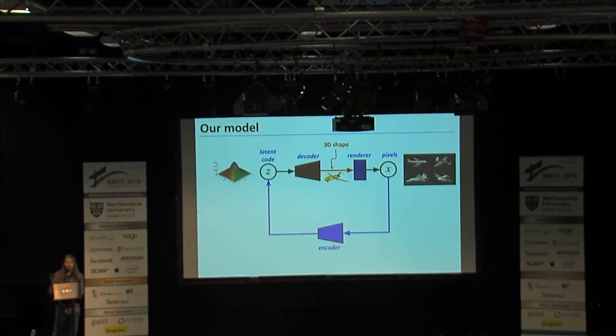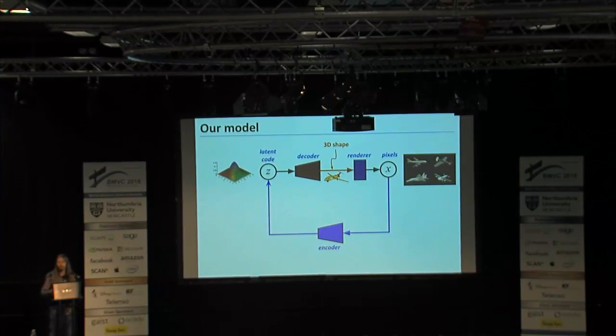And that 3D shape is then rendered to give the final image pixels, still within the generative model, and then, again, Gaussian noise is added. So this is still a deep generative model of pixels, but it's now one that explicitly reasons over 3D shapes. And because it's still a model of pixels, it can be trained end-to-end, just using images as the training data.